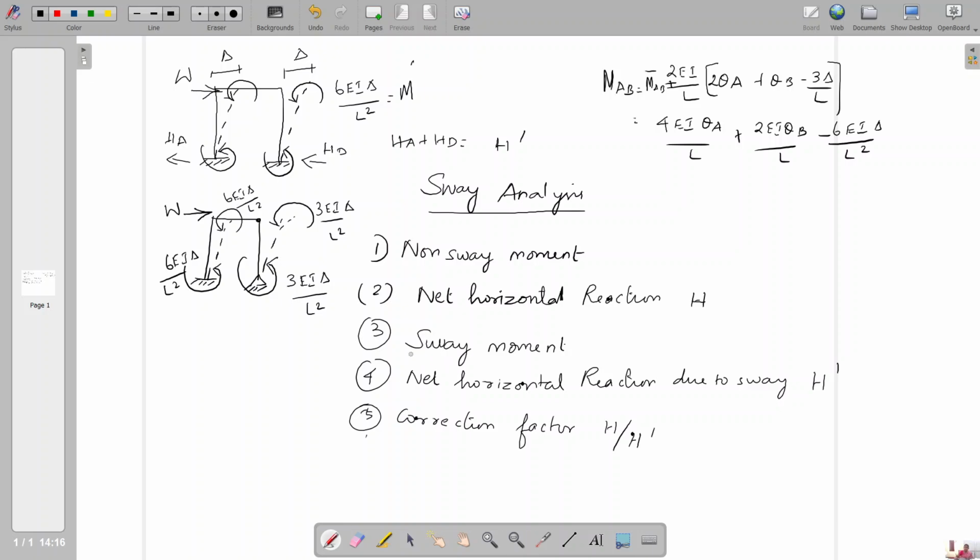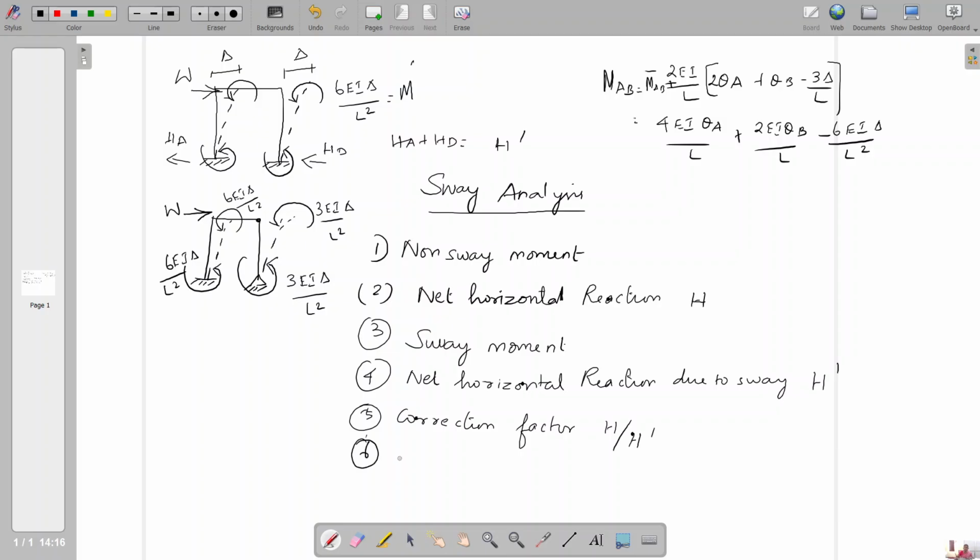And you consider some sway moment and analyze the frame using the moment distribution method by constructing the moment distribution table, and calculate the net horizontal reaction H dash, and calculate the correction factor, that is the ratio between the non-sway reaction divided by the sway reaction.